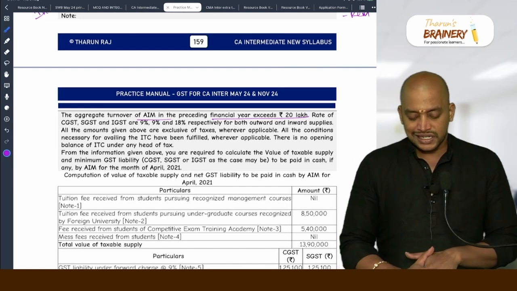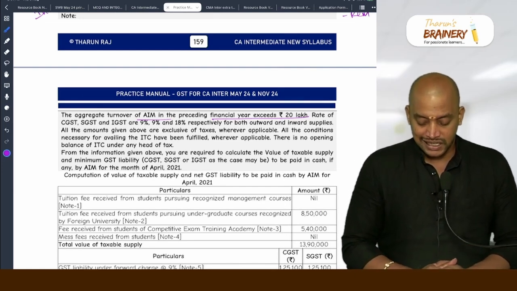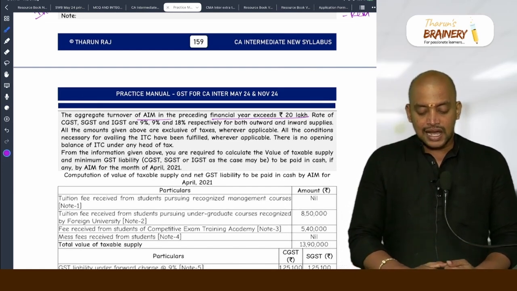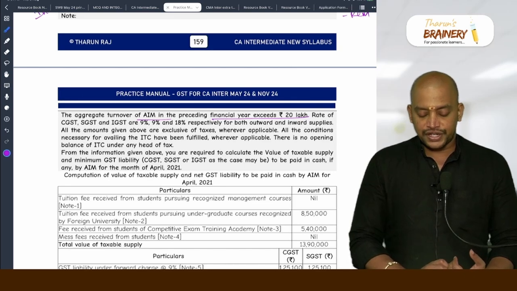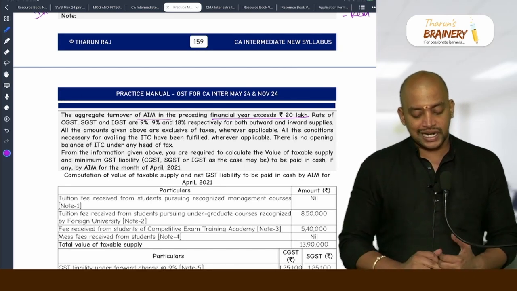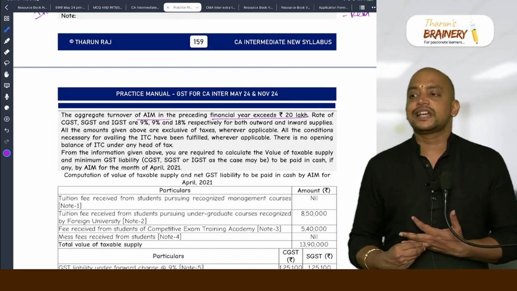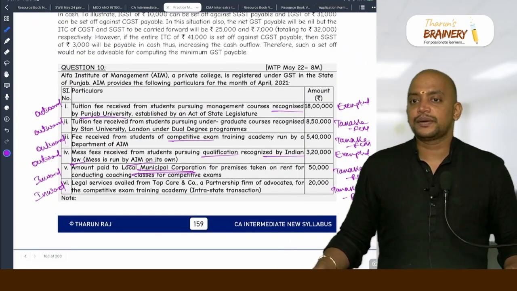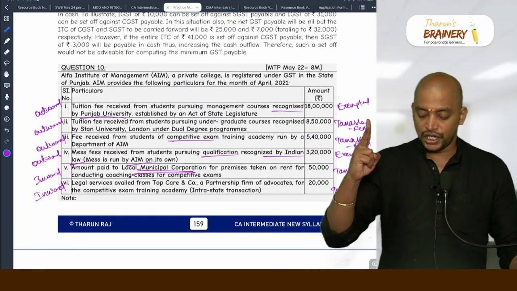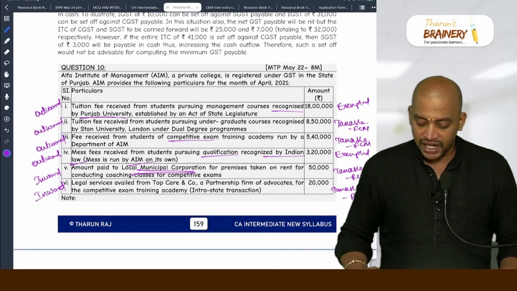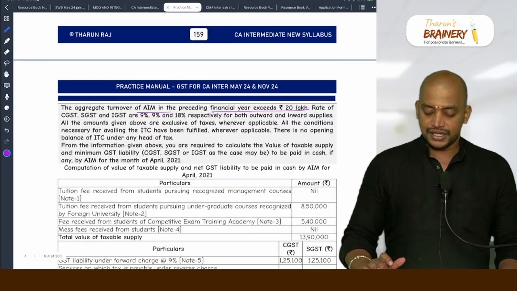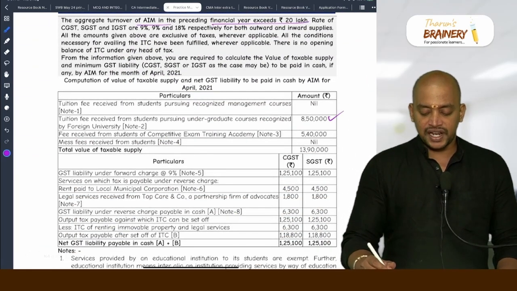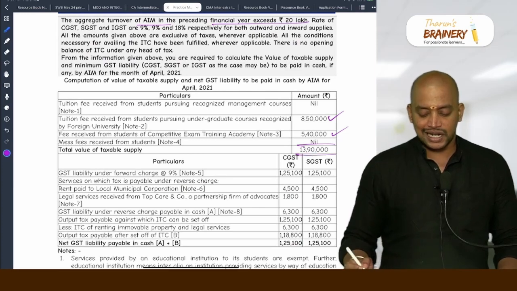Rates of GST are as follows: CGST, SGST, IGST, and all the amounts given above are exclusive of taxes and all the conditions have been fulfilled. First statement. What is the first statement? Outward supplies, FCM liability, only two places, 8,50,000 and 5,40,000. So see this, 8,50,000 plus 5,40,000, 13,90,000.